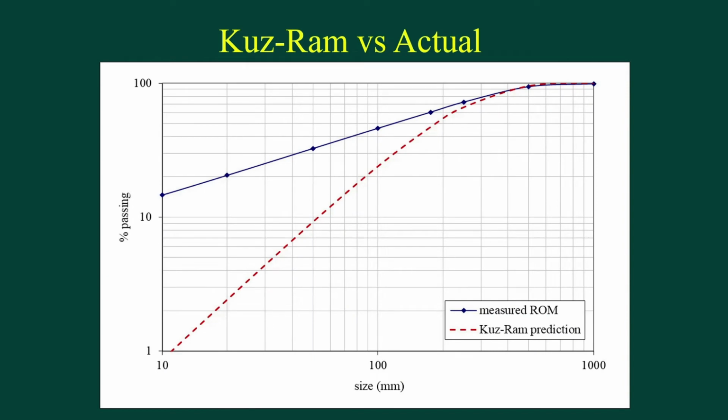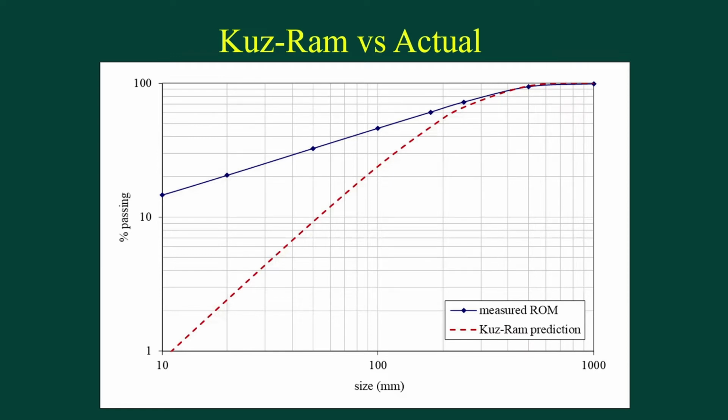Now remember what I said, that the Kuz-Ram model was not very good at predicting fines. Fines in this case being defined in terms of mining, and anything below, I suppose, about 200, 300 millimeters from a mining perspective would be relatively fine.